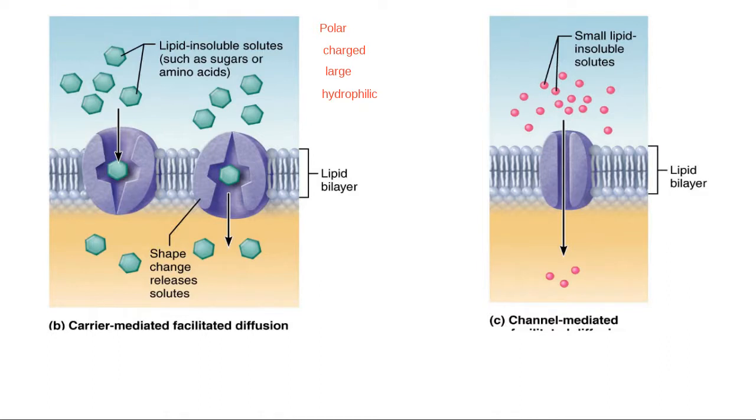One of them is what we call carrier proteins, which we can see on the left. The other is what we call channel proteins, like we see on the right. Carrier proteins and channel proteins are the two kinds of proteins I use to get stuff from inside to outside or outside to inside if it matches this description.